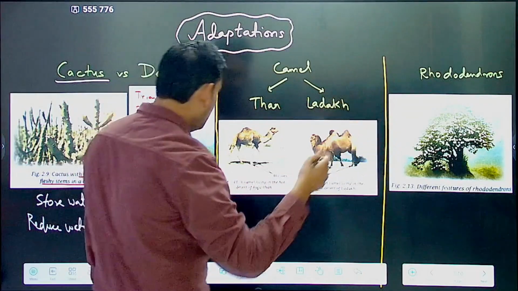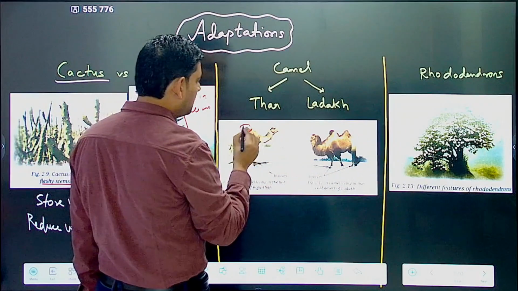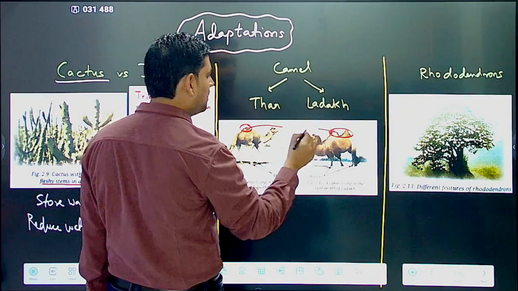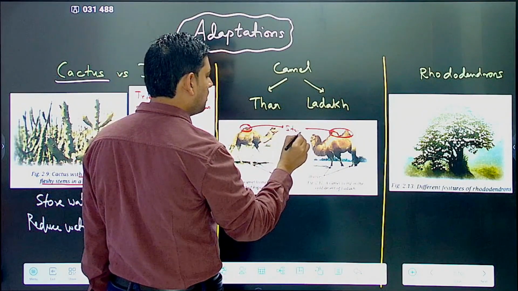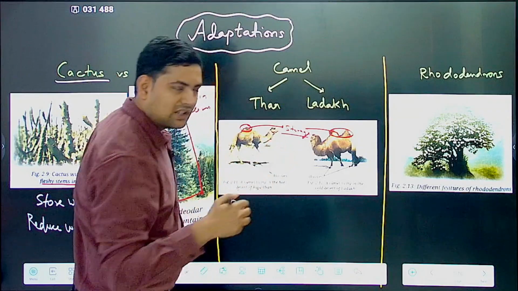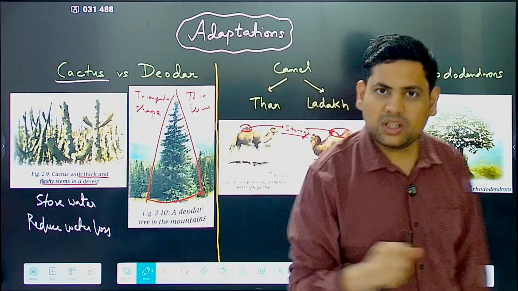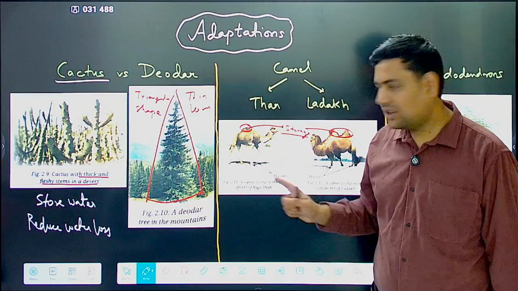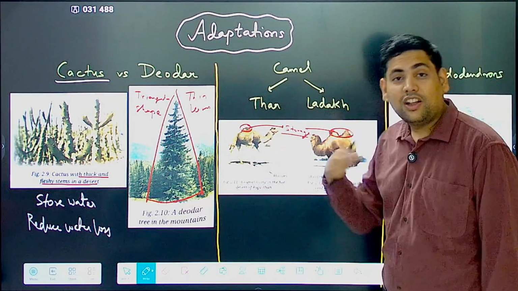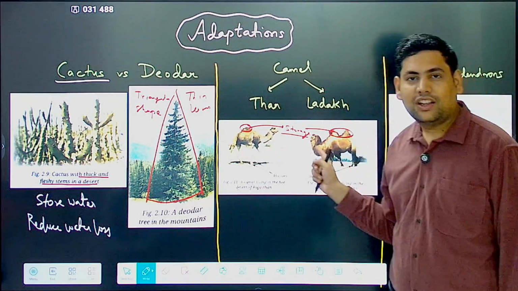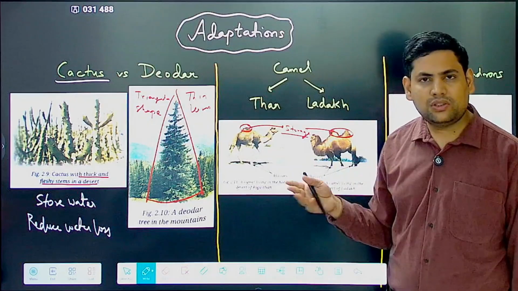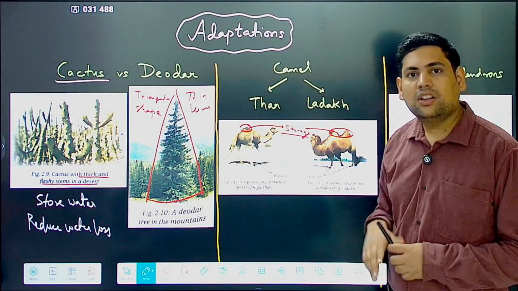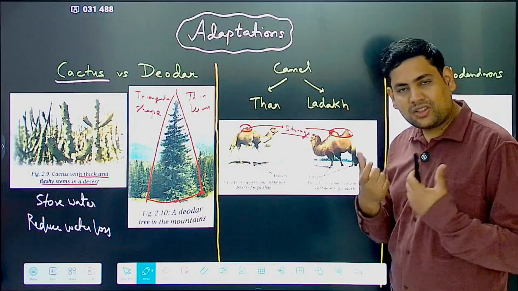Now, if you see here, the camels usually have humps. Correct? These humps are actually used for storage. Now, they live in areas like deserts where there is no constant availability of food. So that is why they start storing it here. Now, if you see a camel, for example, a Ladakh camel after cold winters, because in cold winters it is usually not able to get any food, then you will see that this hump has shrunk.